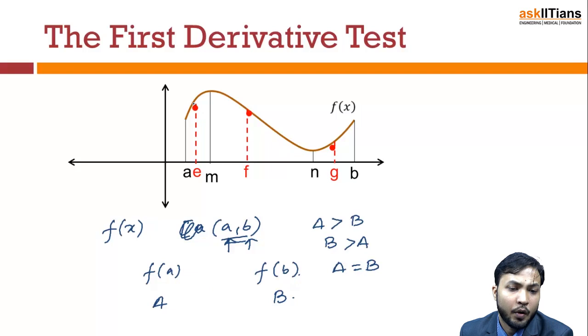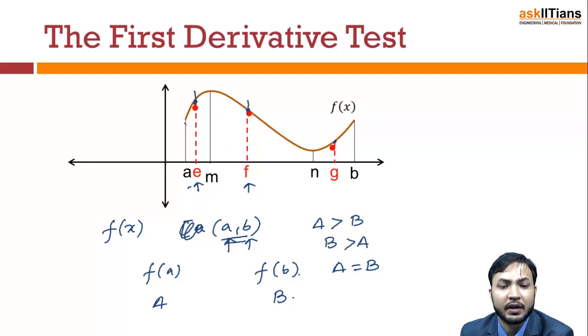Now, with respect to what we have just looked at, the 3 points, these are the areas that we need to focus on. Let's say I take my interval from e to f for the function.